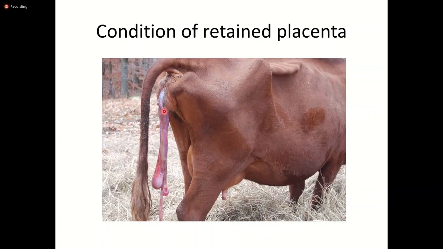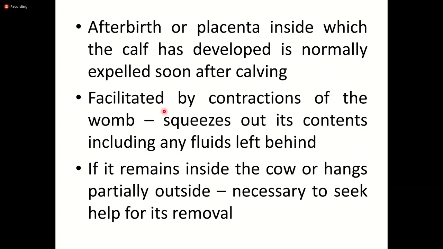So that is called a retained placenta. In general, as soon as the calf is born, the placenta is normally expelled within the next few hours or few days, right?